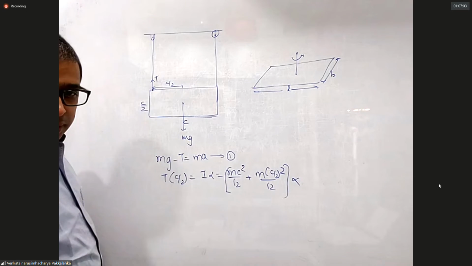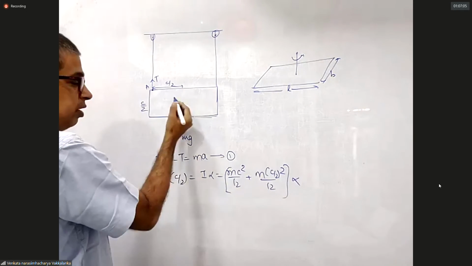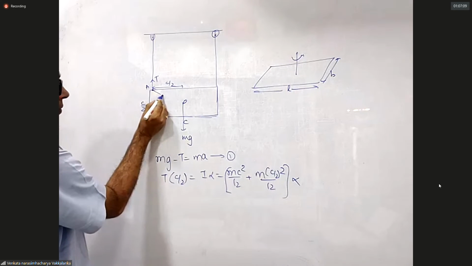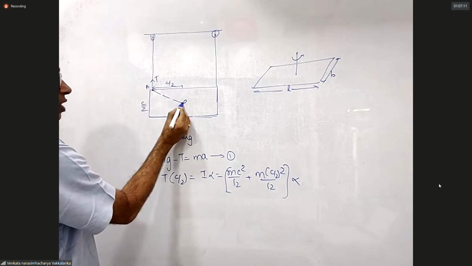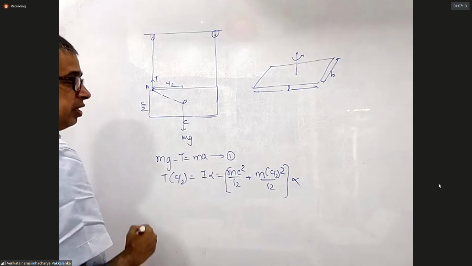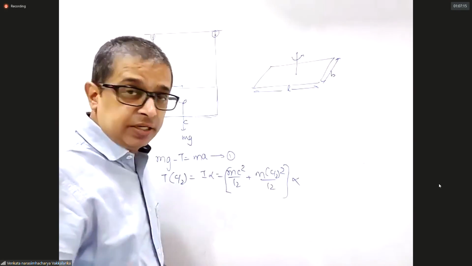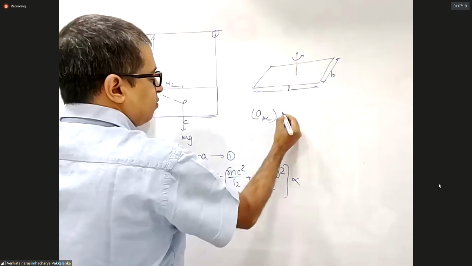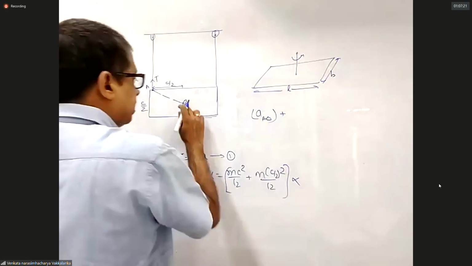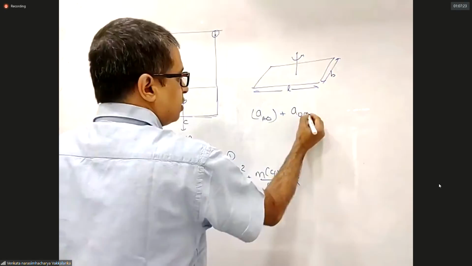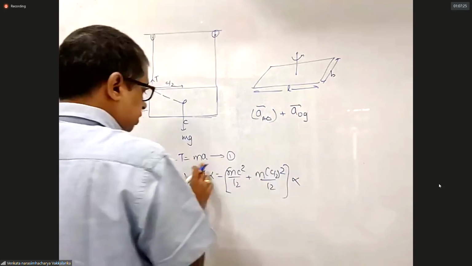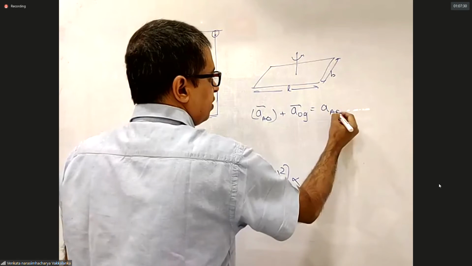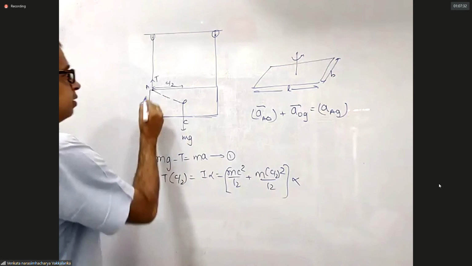I'll call this particular point A. Acceleration of point A with respect to the center of mass. Listen carefully, this is the constraint relation. Acceleration of A with respect to the center of mass, which I am taking as O, plus acceleration of O with respect to ground, which is A downwards, will be the acceleration of A with respect to ground.